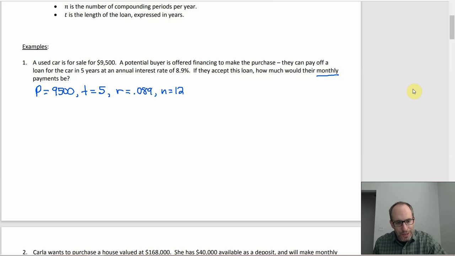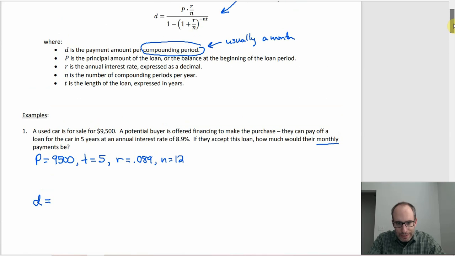Okay, so then D, if I just go ahead and sub in, I don't have a ton of room if I'm also going to write in the calculator stuff. So rather than writing out the formula, I guess if I scroll up, maybe I can get them on the screen at the same time. I think this will all fit. So P is 9,500.